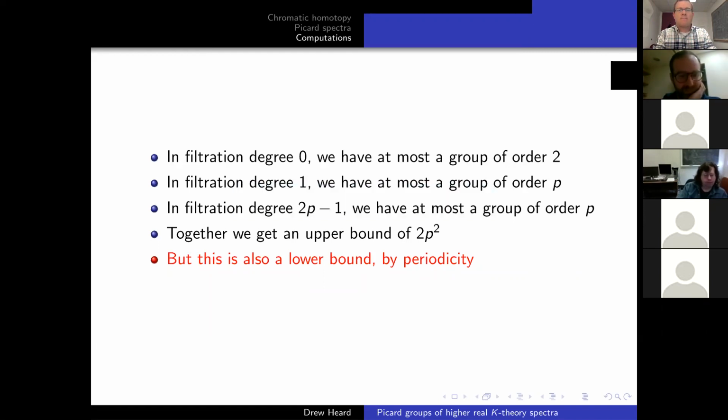Hi, Drew. This is Sean. Hi, Sean. Are these power operations that you get just algebraic power operations, since you're looking at the cohomology of a group? That's right. You can look in the paper or ask afterwards for more details.